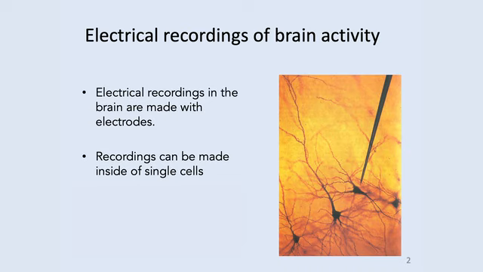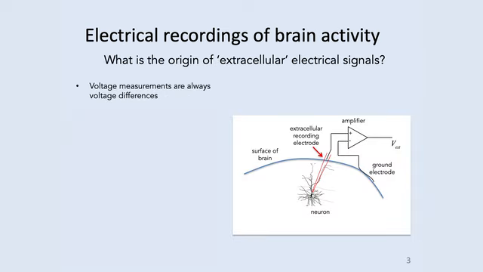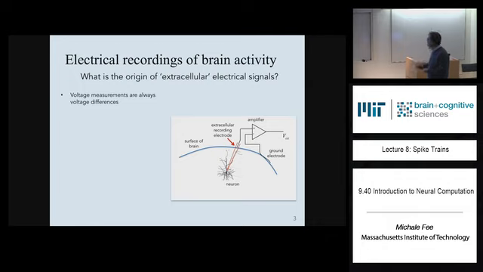So in this case, we can record action potentials of individual neurons in behaving animals and relate them to various aspects of either sensory stimuli or behavior. Okay, so this kind of recording is called extracellular recording. And we're going to go through a very simple analysis of how to think about extracellular recordings.